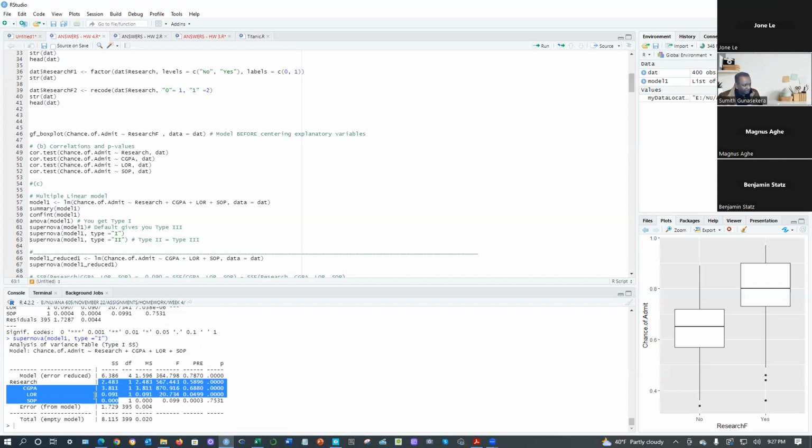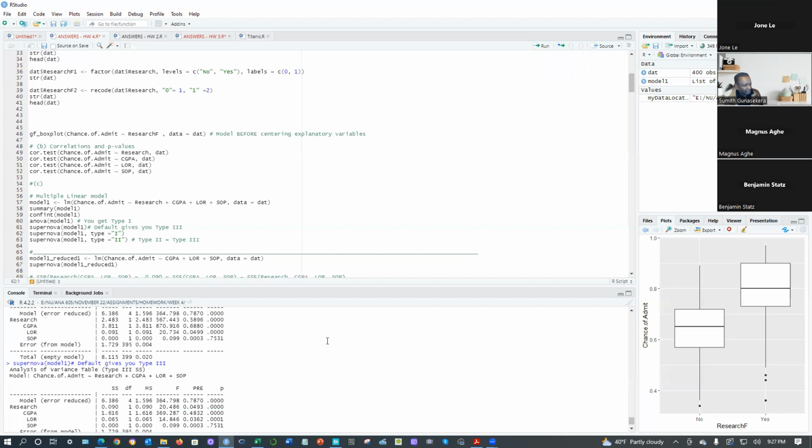Individually, they have their own sum of squares. But those sums of squares are not going to be the same if you run ANOVA and then supernova; they change. ANOVA by default gives you type 1, the same as running type 1 using supernova. But if you run supernova without typing this, it gives you type 3 by default.